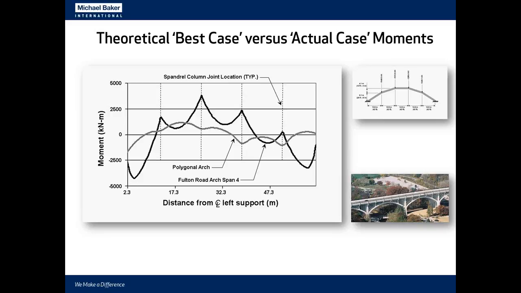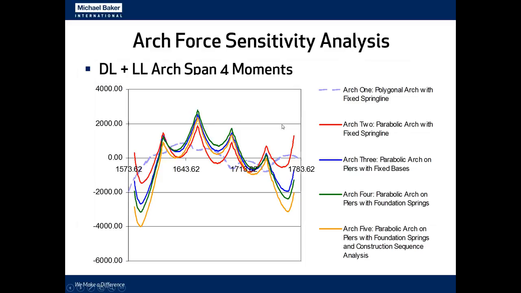You can see bending moments are significantly higher for the arch of the actual structure versus this ideal arch case up here. So ideal up here, actual down there, with significant negative moments near the ends of the arch. And I should add, these are fully fixed arches, no internal hinges, and then significant positive moments that reach their maximum where the spandrel columns frame into the arch.